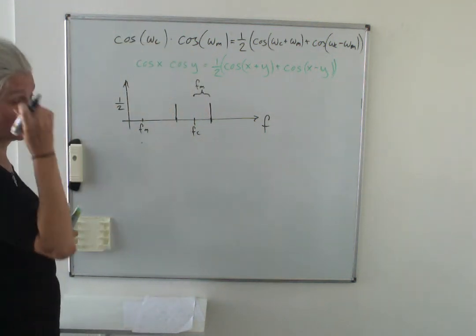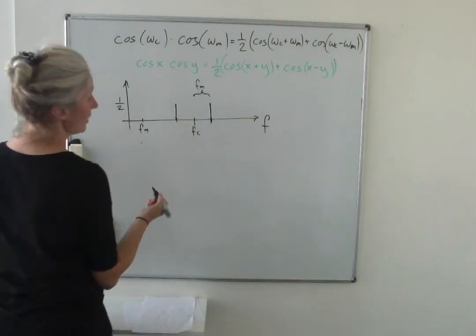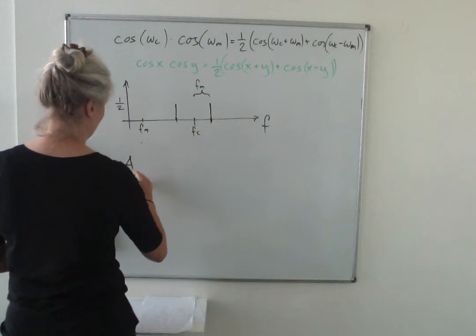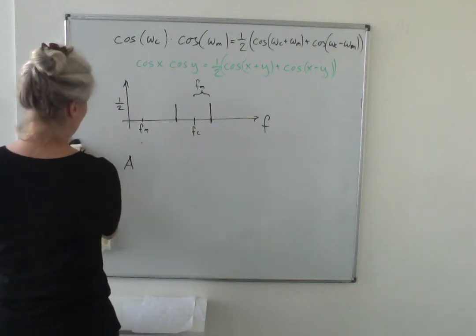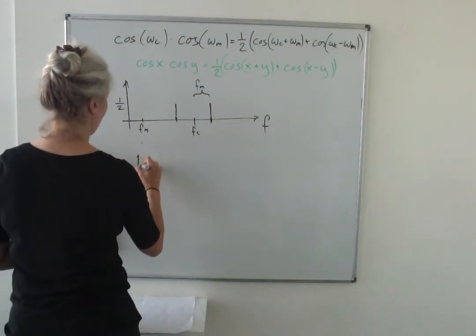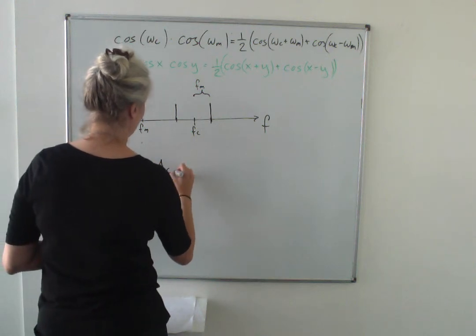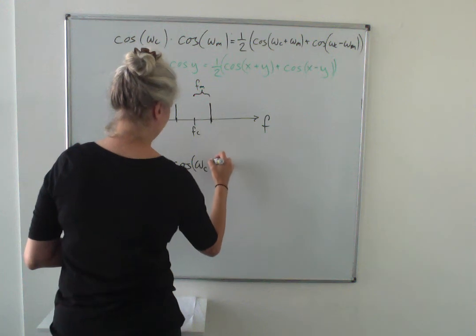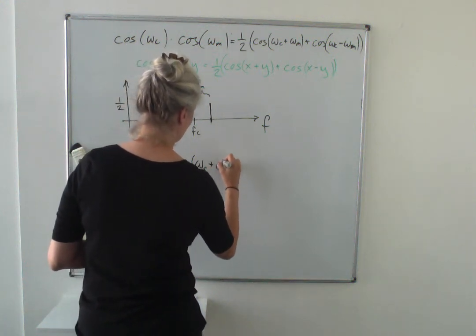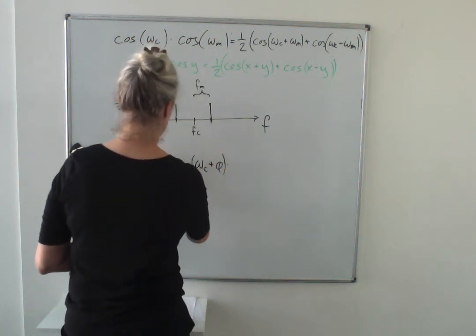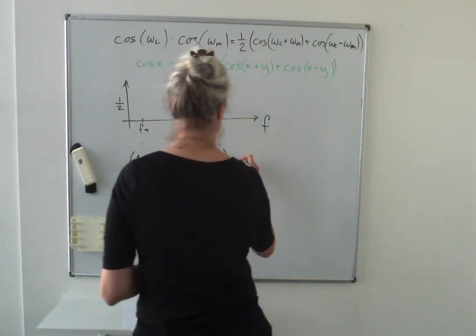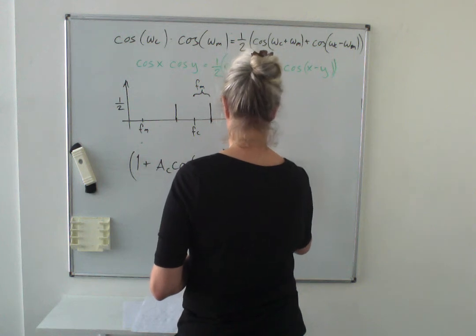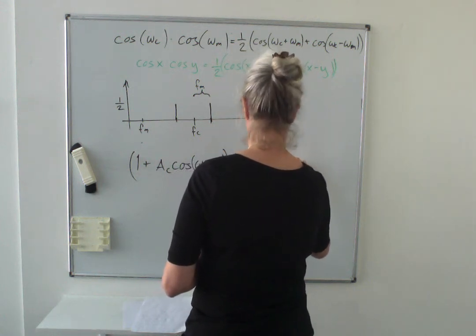So the expression for real amplitude modulation with the carrier present is actually 1 plus A carrier cos omega t times the modulator.